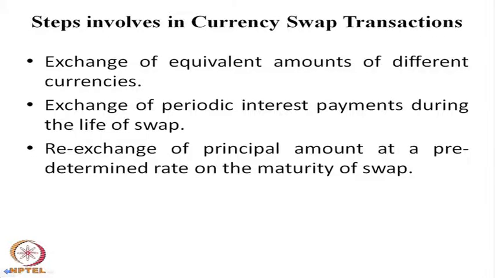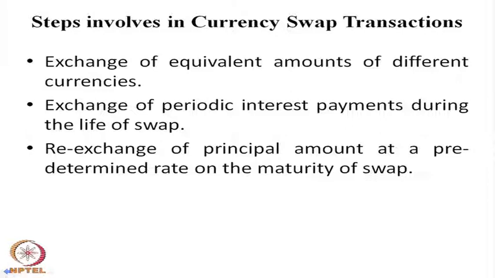If you analyze the process of a swap, there are three different steps involved in the currency swap transaction process. First, the exchange of equivalent amounts of different currencies, that is the principal transaction. The two parties agree to sign the swap contract, so the first transaction takes place between them. Then, the exchange of periodic interest payments during the life of the swap.